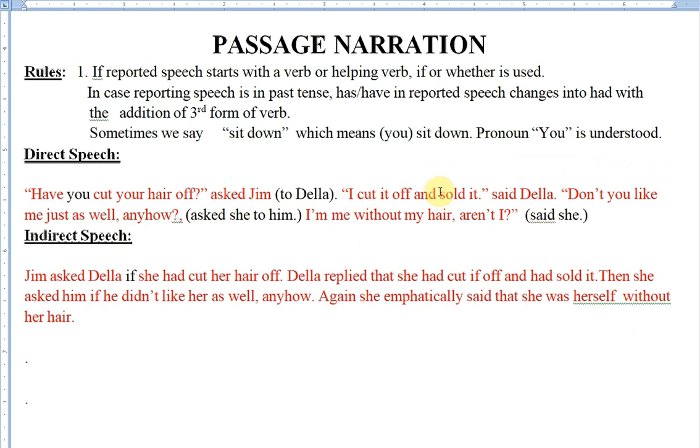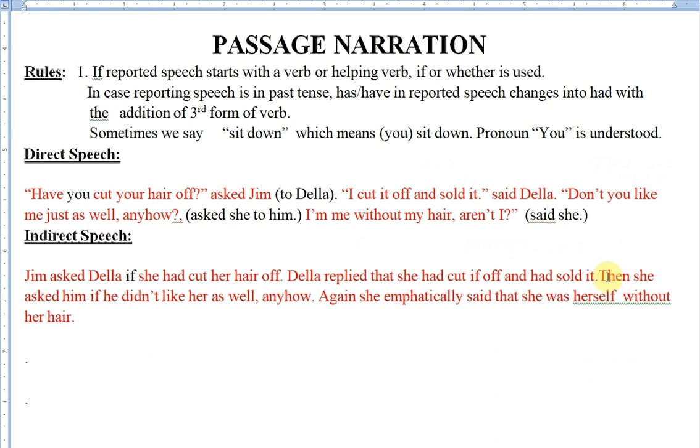Past tense in reported speech changes into past perfect tense, or another rule is we use had. If there is already a third form, we use had before it. Both are third forms, so we are using had. Or if there is a second form, then we convert it into the third form and place had before it. That's the reason we have placed had before these verbs. Della replied that she had cut it off and had sold it.